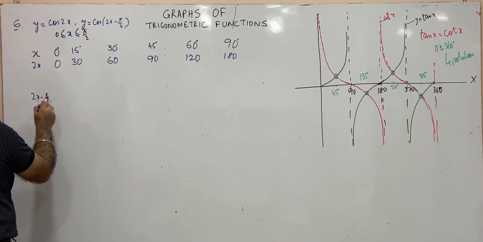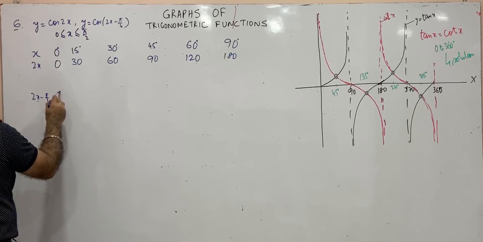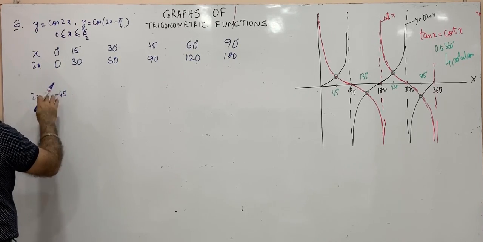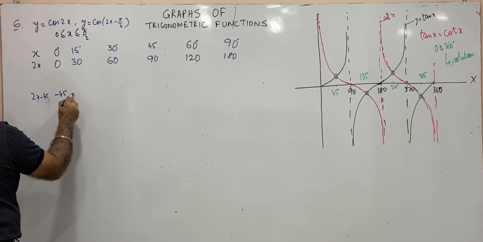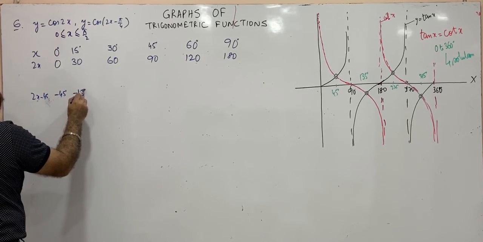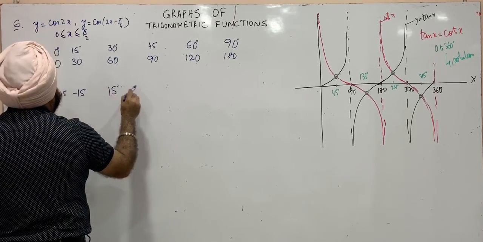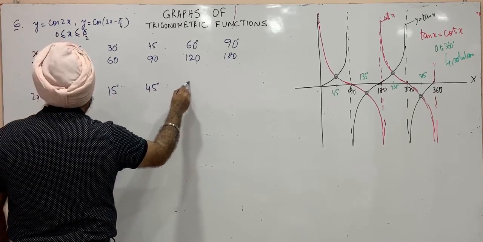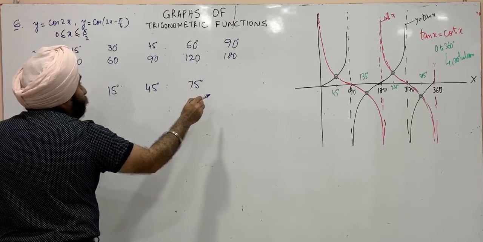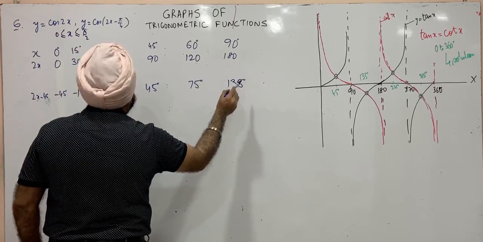Then 2x minus pi by 4, this is minus 45 degrees. Let me write 2x minus 45 degrees. This will be minus 15 degrees, 15 degrees, 45 degrees, 75 degrees and this will be 135 degrees.